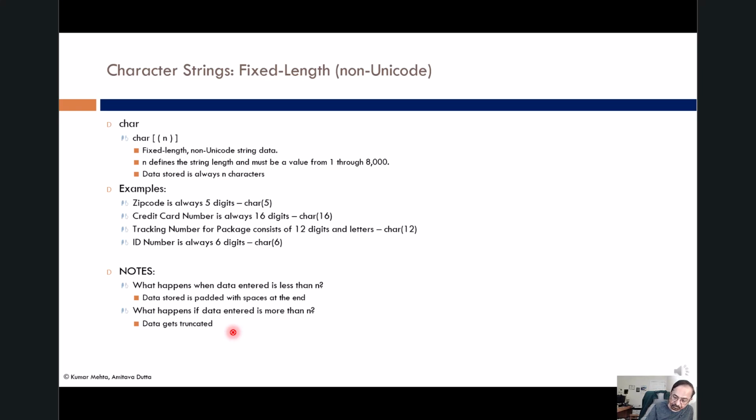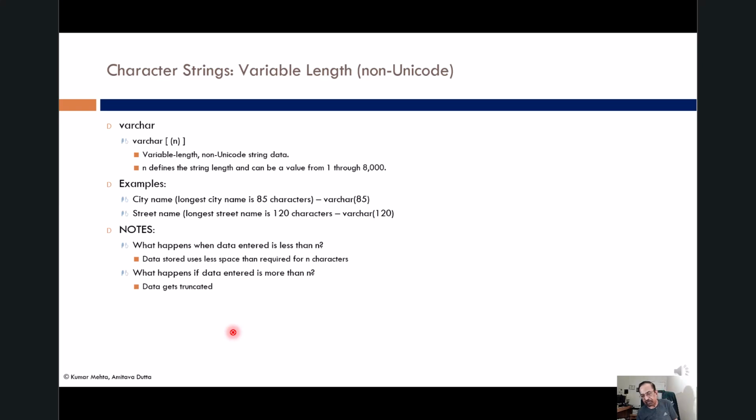Now, instead of specifying an attribute as being of type char, I can specify it as being of type varchar, variable character, and then I give n.